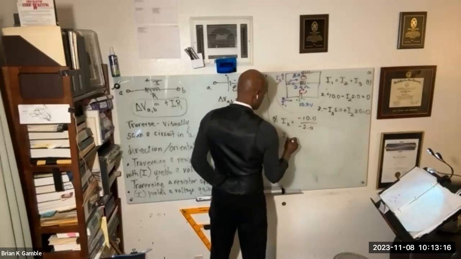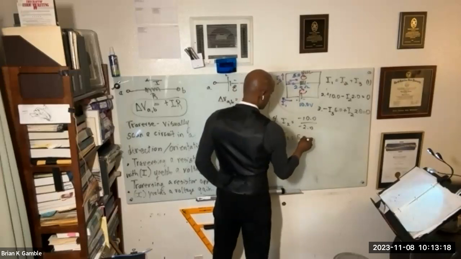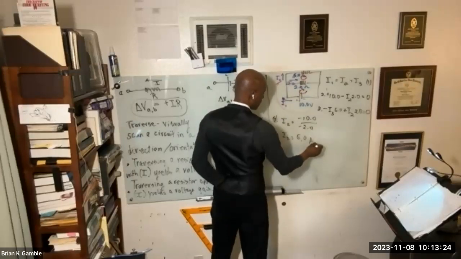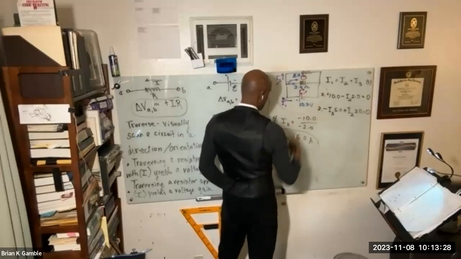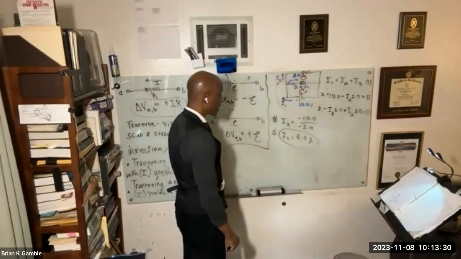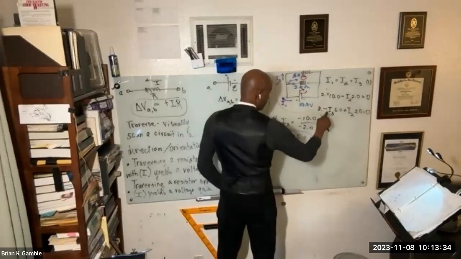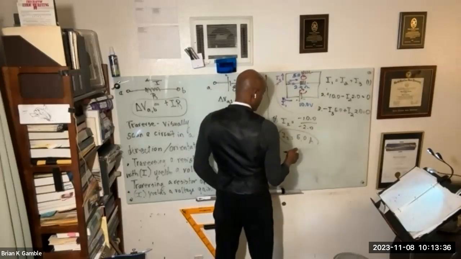So I2 is equal to 5.0 amps. And it's positive, which means that I chose the correct direction for that current. If it were negative, that would have meant that it was going opposite the direction that I chose within that leg. So now I can solve equation 3 for I3 and plug this in.